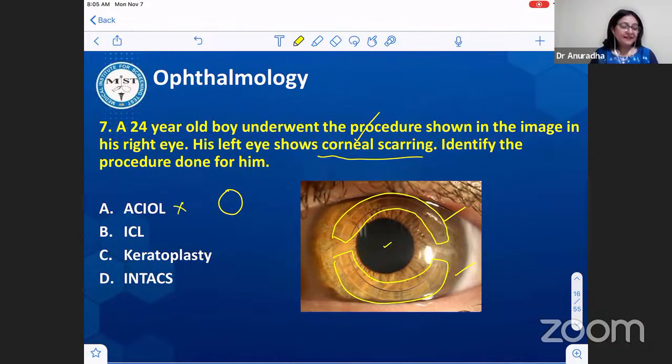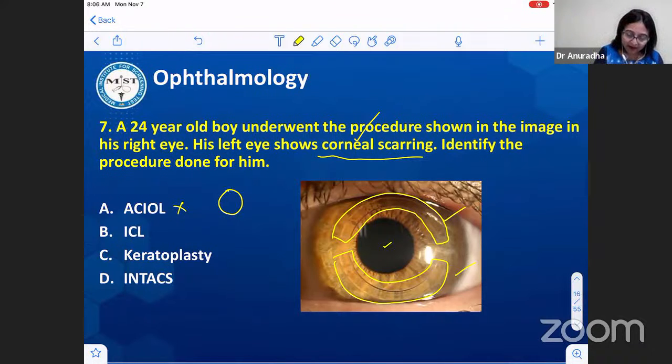Okay, ICL. I have purposely put the short forms here because in exams, sometimes they put the short forms. ACIOL, you understand? Anterior chamber intraocular lens. What is ICL? ICL is an intraocular collamer lens, an additional lens put in the eye for refractive purposes.